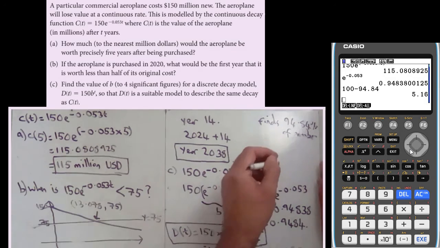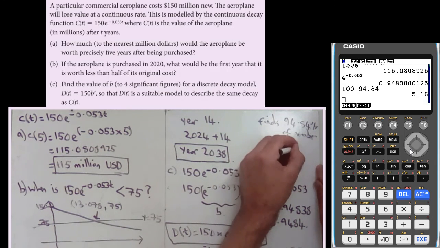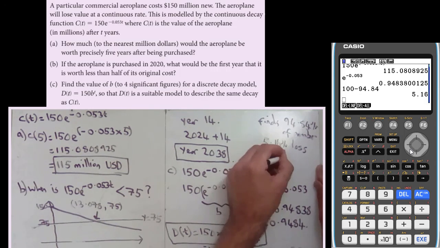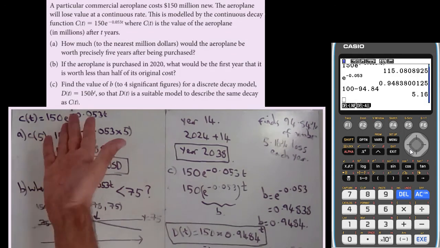So what this is doing is a 5.16% loss each year. So that's what our discrete decay model does. It decreases the value of the aeroplane by 5.16% every single year, but it does it at the end of the year, and it doesn't do it continuously like the original model did.